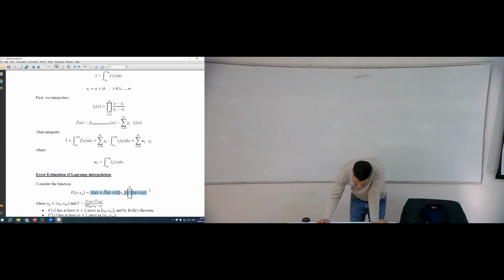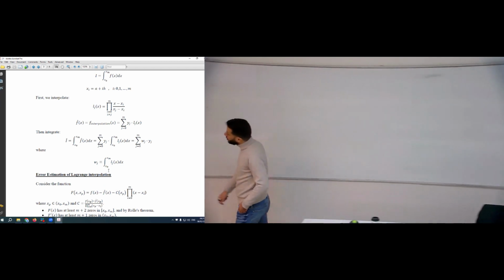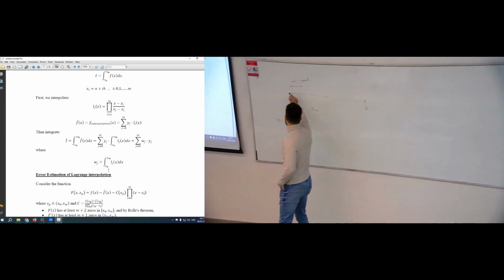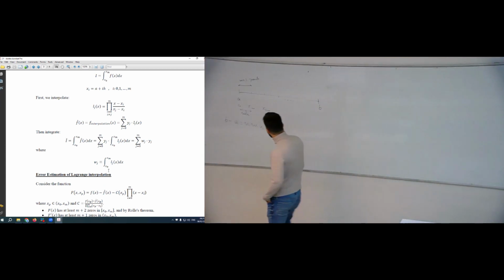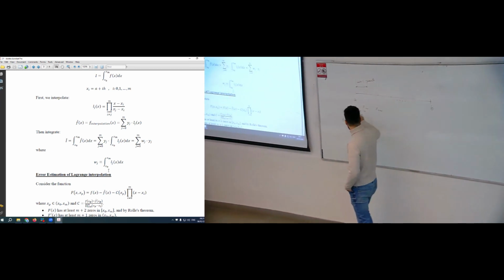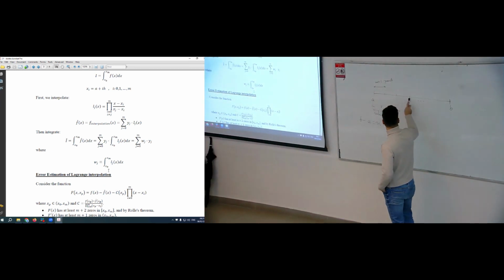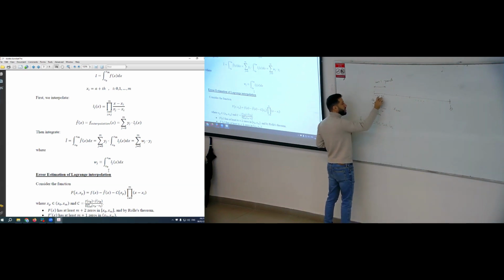I will build a function that has n plus 2 zeros. So how can I build this function? I know that my interpolation equals the original function here and here and here and here and here.